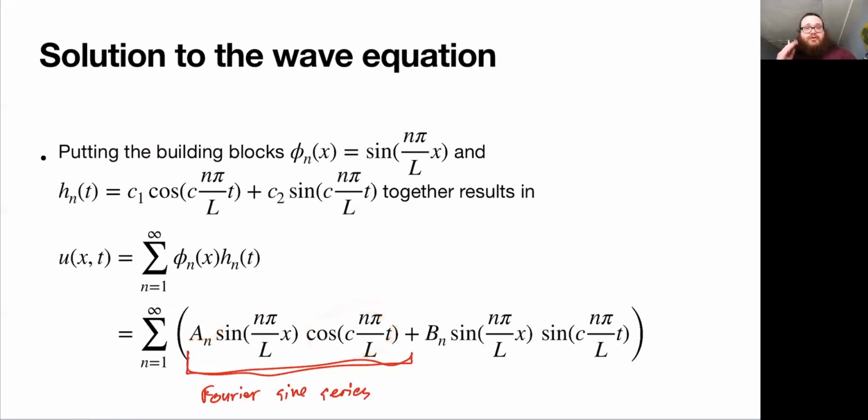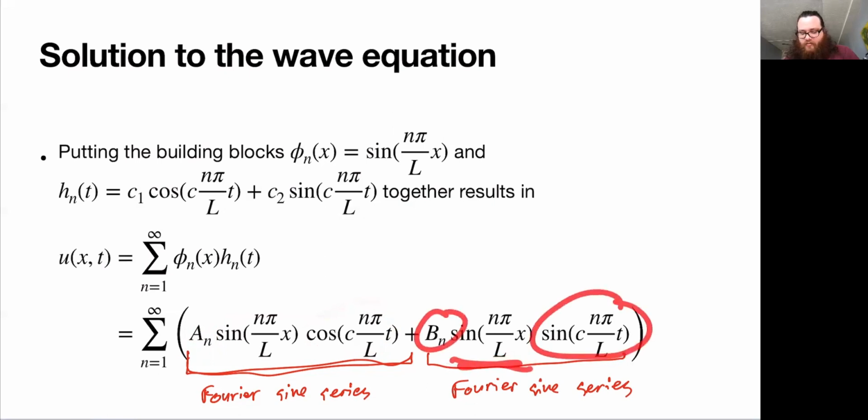So the coefficients are not just A sub n for the sine series; they're A sub n times cosine of something times t. Likewise, we also have a Fourier sine series here, where the building blocks are these sine terms, and the Fourier coefficients for these sine terms are going to be B sub n times that expression.